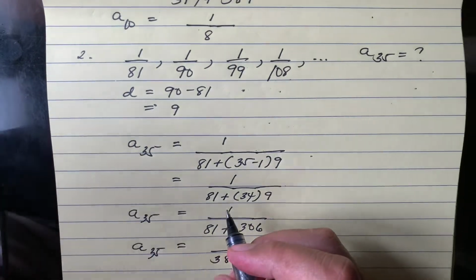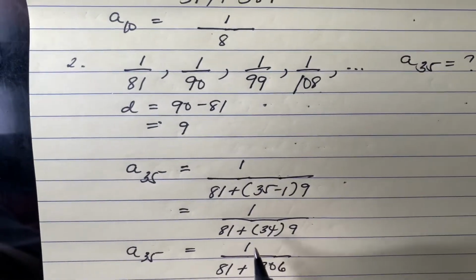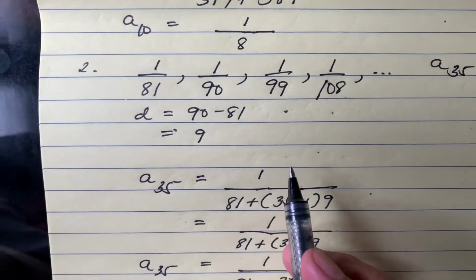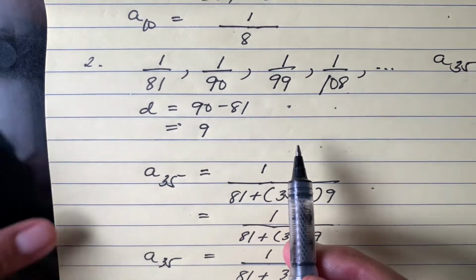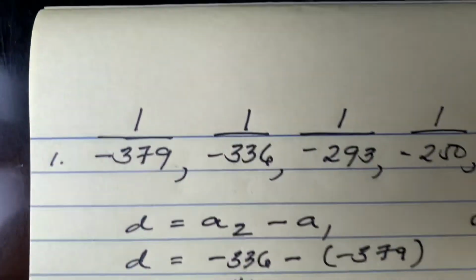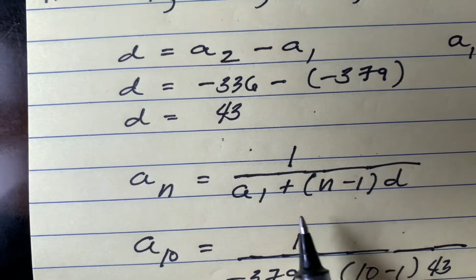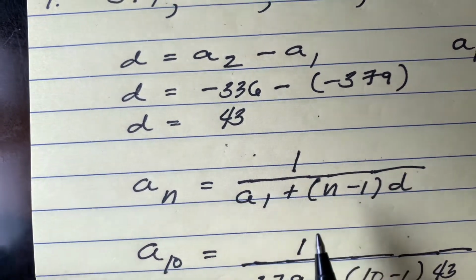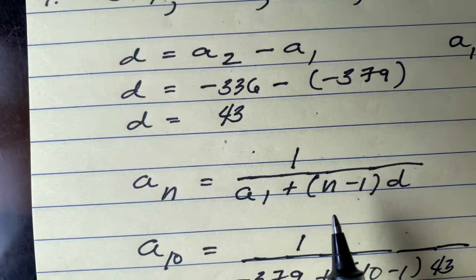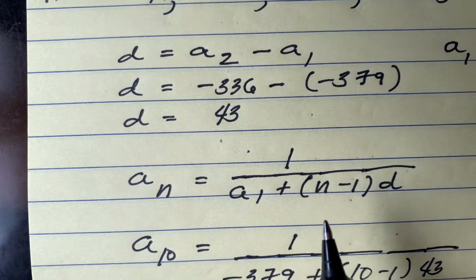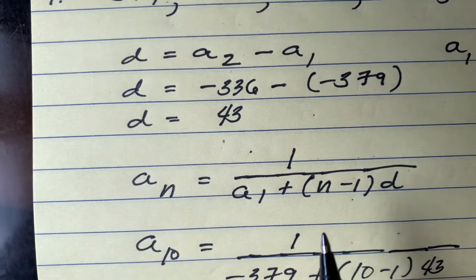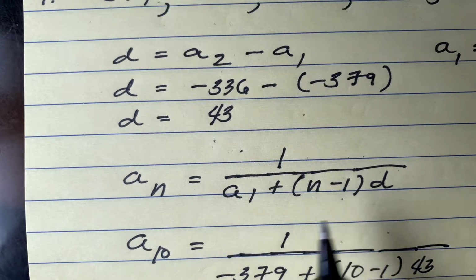And always remember that in determining your harmonic sequence, you simply use this formula. That formula will be utilized, and it is known as a harmonic sequence by simply determining the denominators of a given sequence.